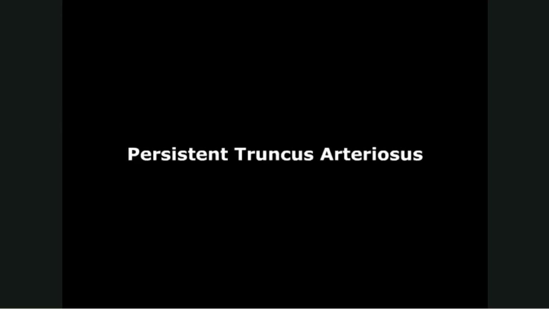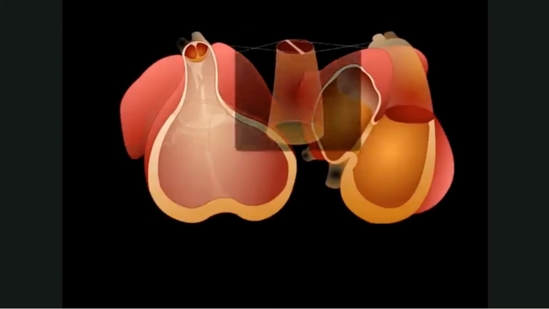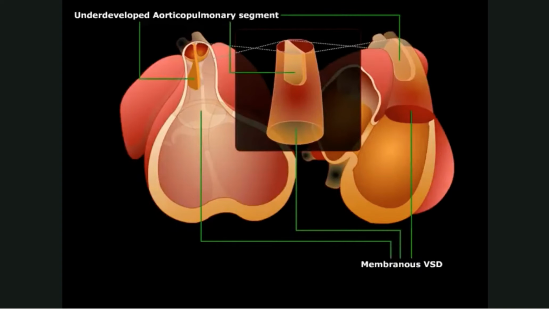Persistent truncus arteriosus is a cyanotic congenital cardiac defect characterized by a single arterial trunk. This is caused by incomplete conotruncal septation of the truncus arteriosus. This results in an underdeveloped aorticopulmonary segment.